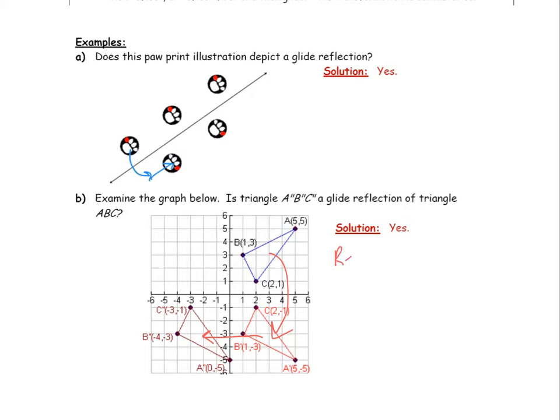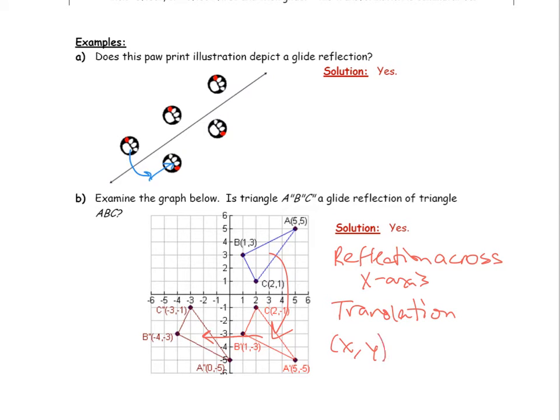So we're doing a reflection across the x-axis, and then we're doing a translation that is moving our figure to the left by 5 units. And the y isn't moving up or down at all. We're just going to the left 5. If you look at, for instance, the point C prime to C double prime, we're going from an x value of 2 to an x value of negative 3. That's moving to the left 5. And the y values are both negative 1. It's not going up or down at all.